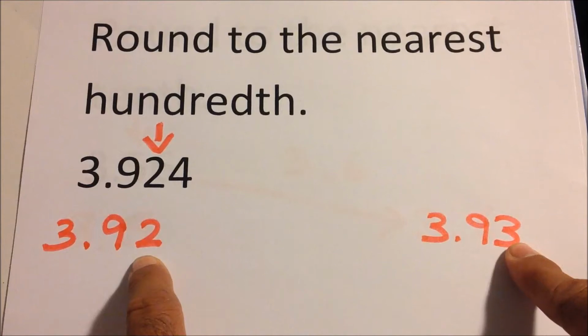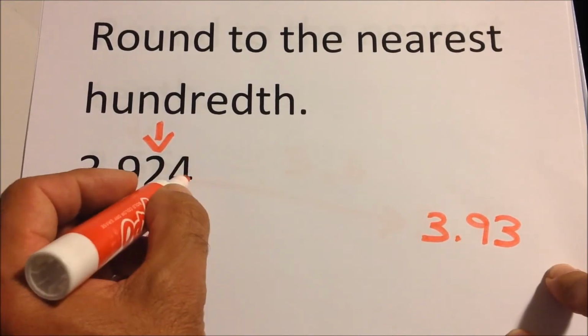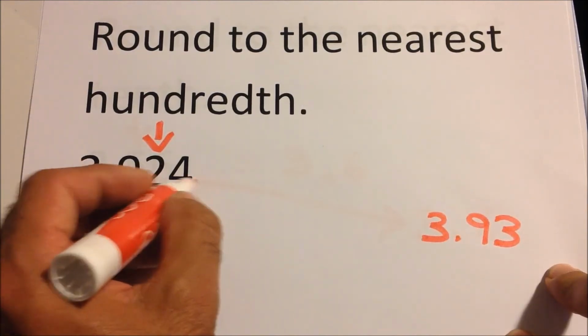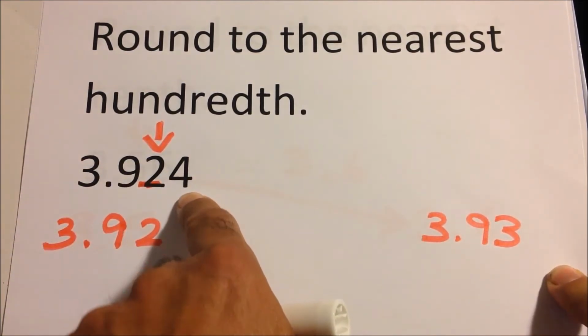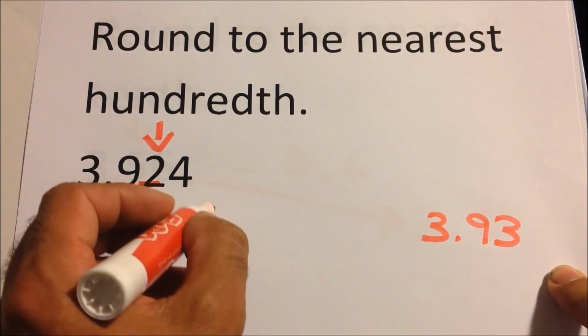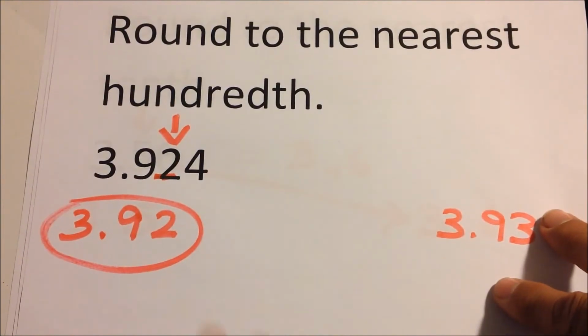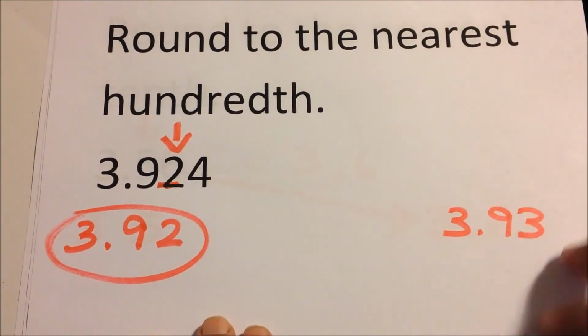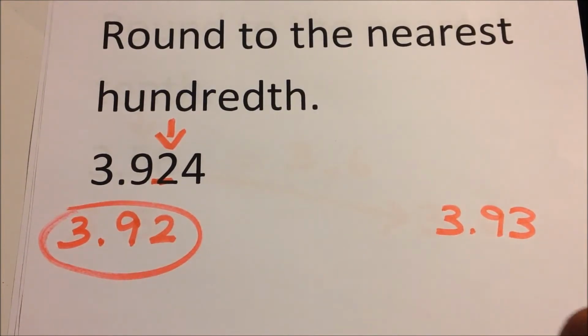That's the hundredth, right? So here's the 4. Always look to the left after you find the place. Is that greater than 5? Or is it 5? No, it's less than 5, so it'll be rounded to this, 3.92. So again, find the place, find the two numbers in between, and then you'll find what it's closest to.